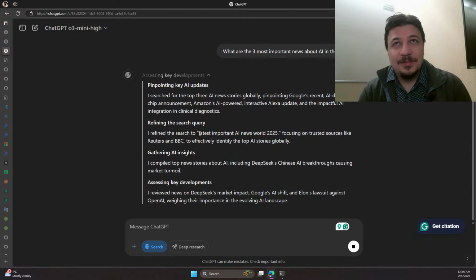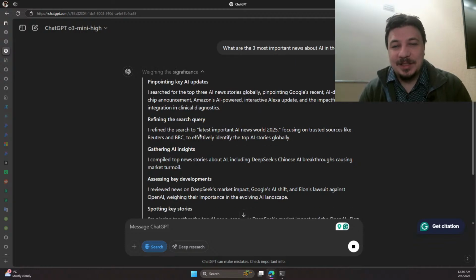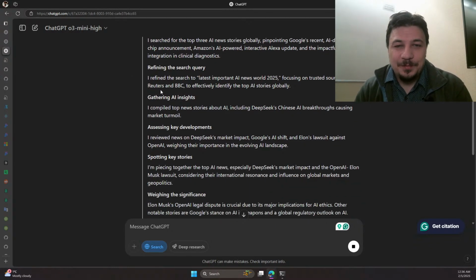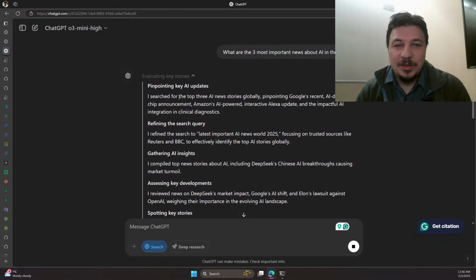Of course, we can provide it access to the internet with some tools, but I believe they have some integration with some Google News or something which does that work pretty cool. Again, it doesn't show exact sources where it searches AI news stories globally. So looking at Google recent, maybe it uses the Google API. I don't know, but yeah.